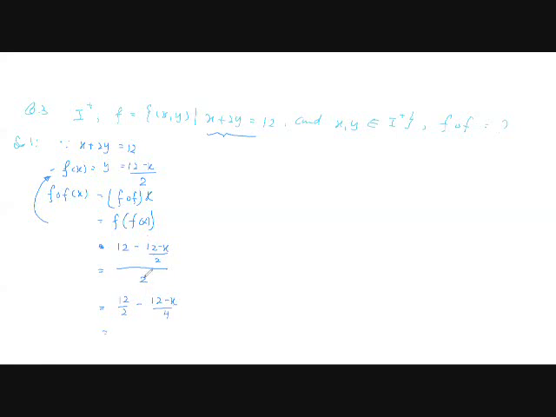Just separate into two fractions. This 12 minus 12 over 4. So it becomes 6 minus 3, plus, changing the sign, x over 4. So the final answer is going to be 3 plus x over 4.